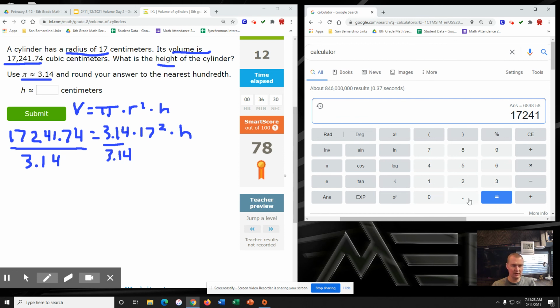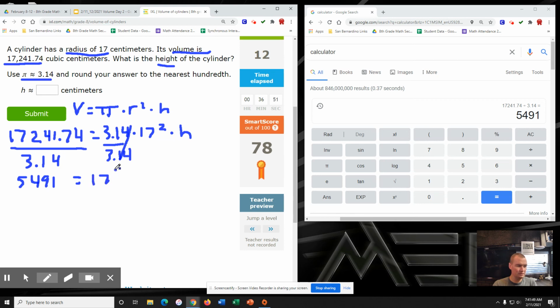Yep. Divide 3.14. And like I said, you always cross your fingers. Hope the decimal goes away, because that's kind of our goal. Okay, so we got 5,491 equals pi is out, 17 squared times h.